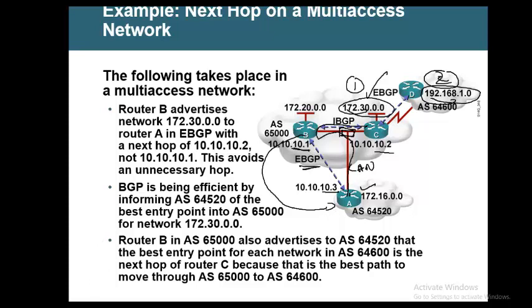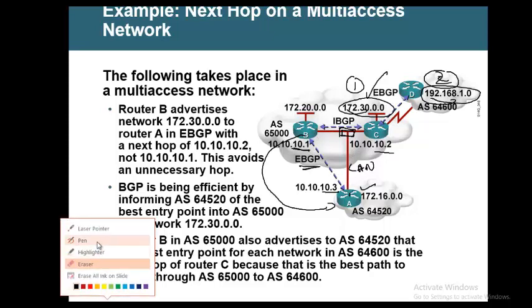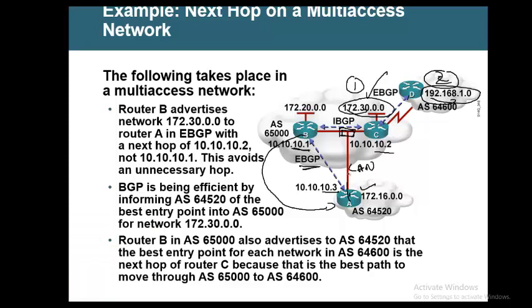Instead of going like that, because these three are in the same local area network, A can go straight to C. So the next hop in this scenario will not be 10.10.10.1. It will be 10.10.10.2.